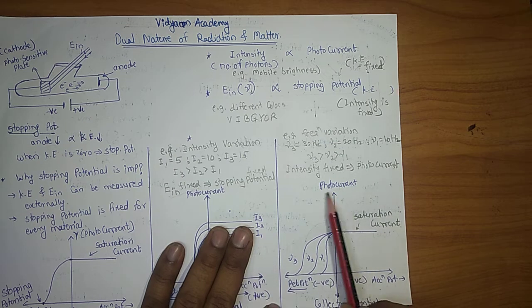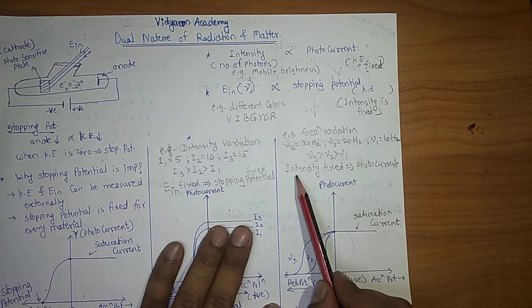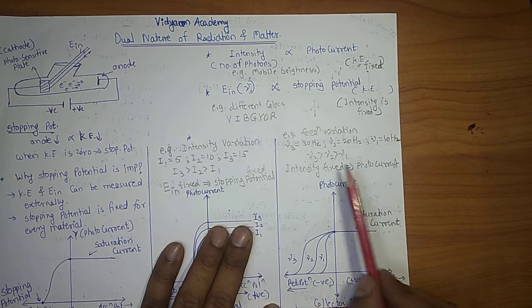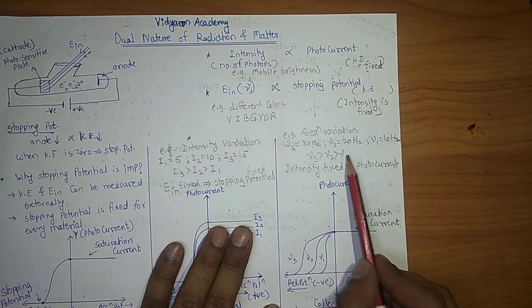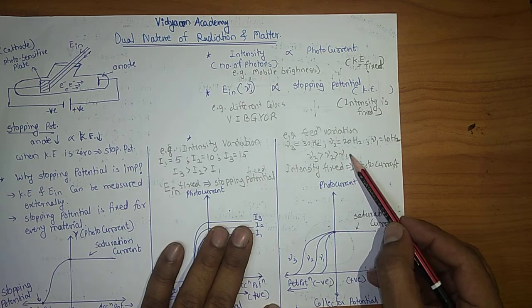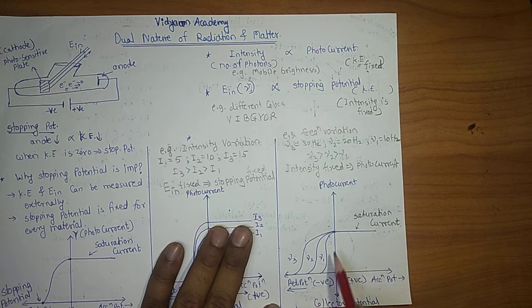The graph shows you photocurrent against collector potential. Everywhere your intensity is fixed, so you will get the same current everywhere. But there is a change in frequency, so for the minimum frequency, that is 10 Hz, for Nu 1 you will get minimum stopping potential.